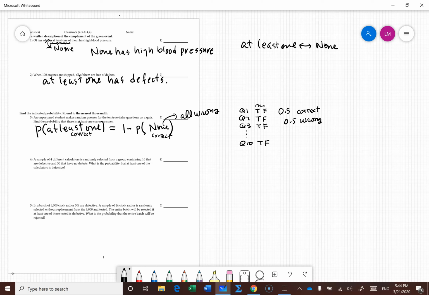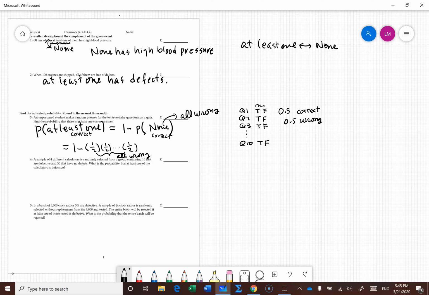So with 10 questions, this is 1 minus none of them correct, all wrong: 0.5, another 0.5, all the way to the 10th, they're all wrong.